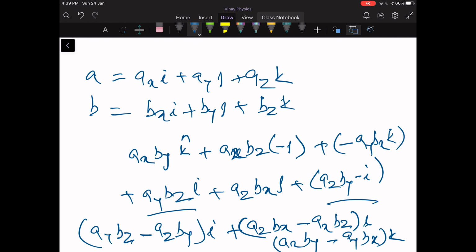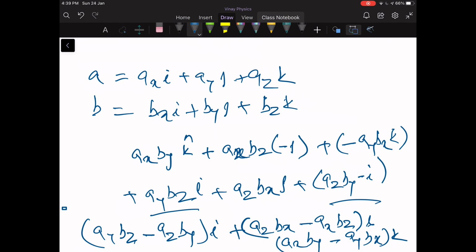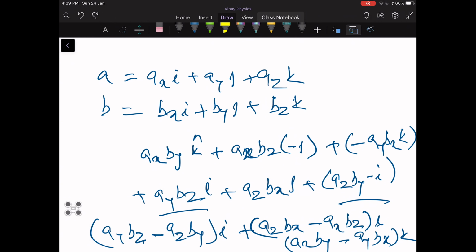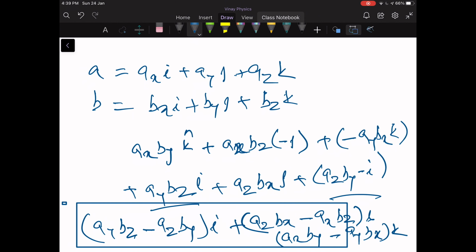So this is the generic formula for the cross product. If you ever need to use it, I just find it easier to always multiply them, but if you want to do quick multiplication, you can use this formula.